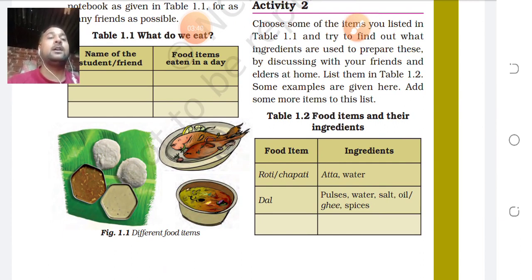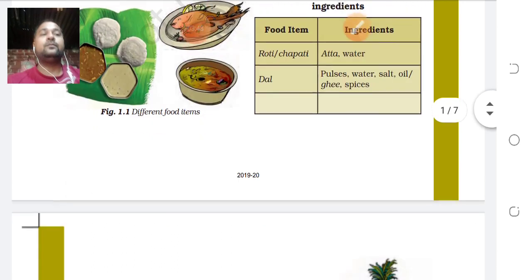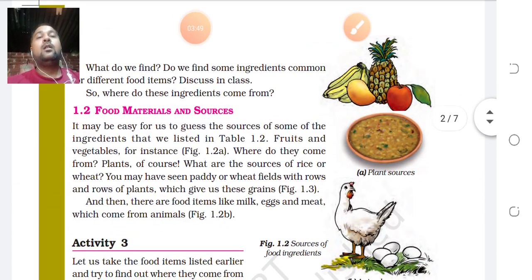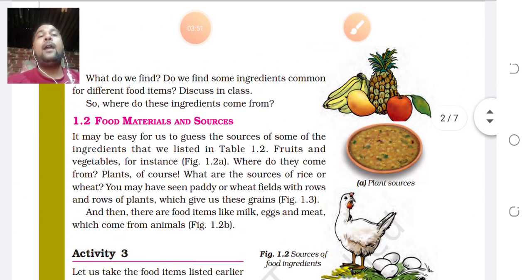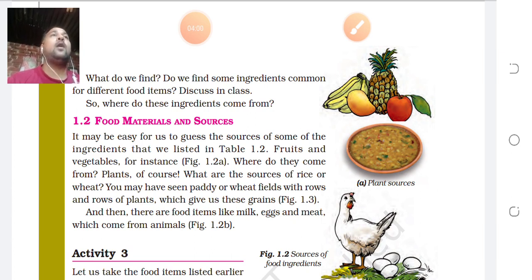Flour, water, okay, and dal: pulses, water, salt, oil, ghee, spices, okay, we use. Now next, what do we find? Do we find some ingredients common? Obviously, whenever we are making the list of the ingredients required to make any kind of dish, there may be common ones, okay.